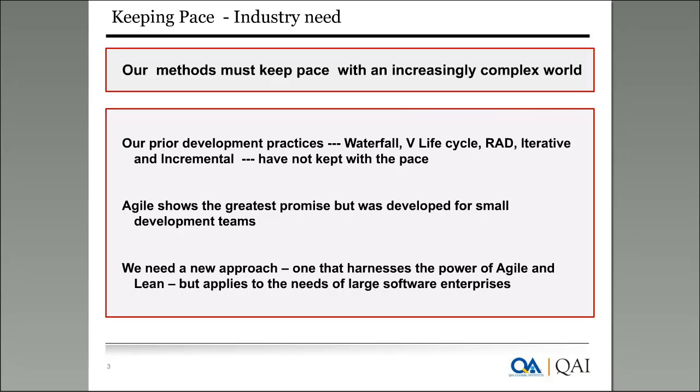So the old software development methods, like waterfall, the V life cycle model, and different traditional life cycle models, iterative models or prototype models, have not kept pace with what is required to meet these kinds of business needs of software development.